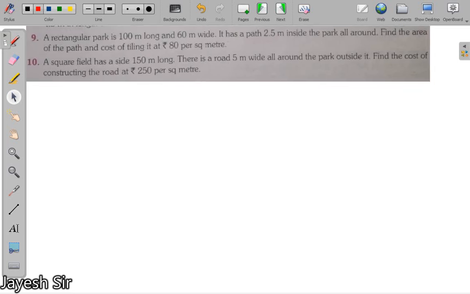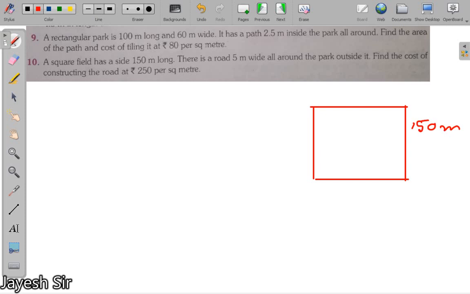Now, question number 10. A square field has a side 150 meters long. So in question number 10, you have a square, and each side of this square is 150 meters.